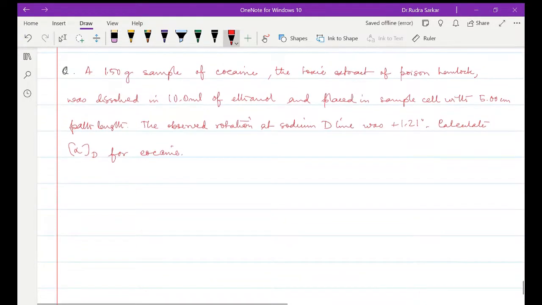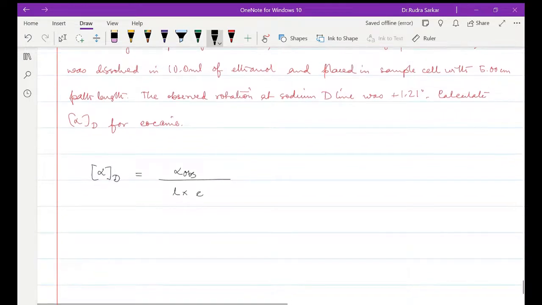So for that, what will I do? I know that specific rotation is nothing but alpha observed divided by the length of the tube and divided by the concentration.